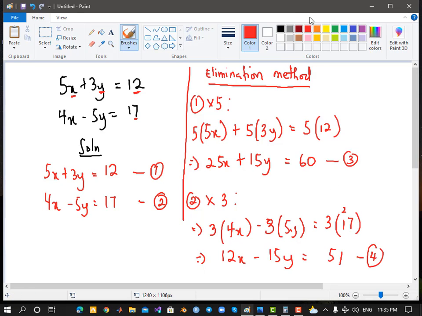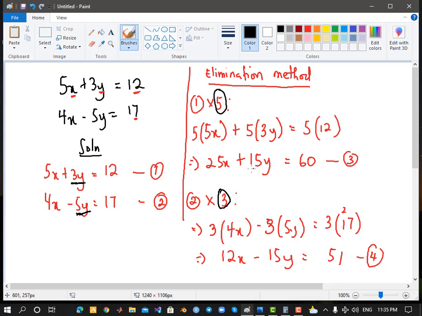Now, why are we multiplying with these numbers? In the first place, they are not random numbers. The 5 here and the 3 here are numbers we picked from this angle. We want the coefficient of y in equation 1 to be the same as the coefficient of y in equation 2.